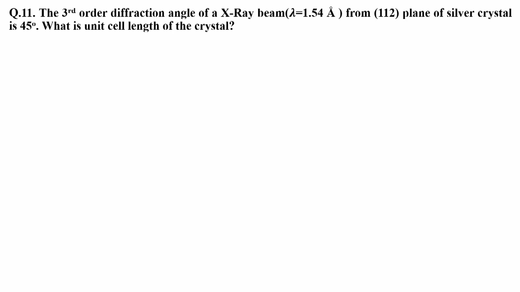Next we move to problem number 11. It says the third order diffraction angle of an X-ray beam, where lambda is given as 1.54 angstrom, from the 112 plane of a silver crystal is 45 degree. What is the unit cell of the crystal? Okay, so we know from Bragg's equation, n lambda is 2d sin theta.